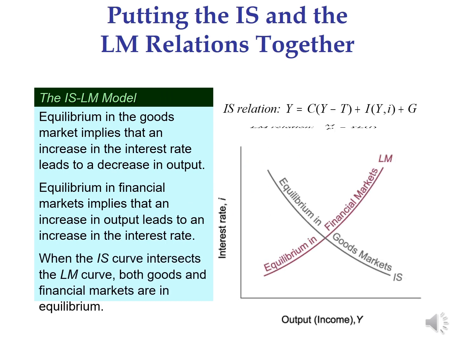Putting the IS and the LM relation together, the IS relation means Y equals C(Y minus T) plus I(Y, i) plus G, and the LM relation is M by P equals Y L(i). So in the IS-LM model, equilibrium in the goods market implies that an increase in the interest rate leads to a decrease in output.